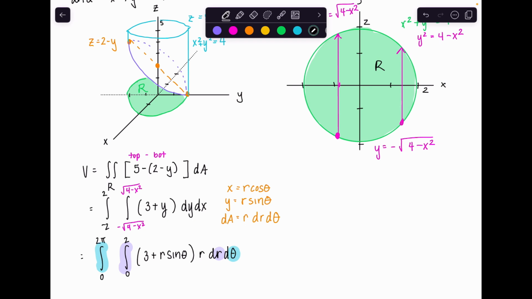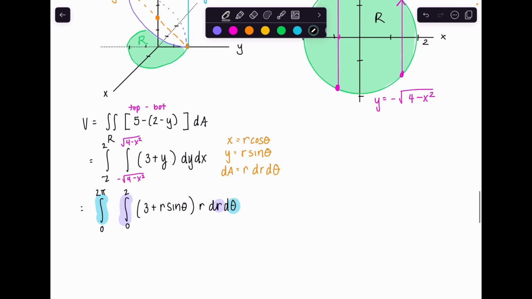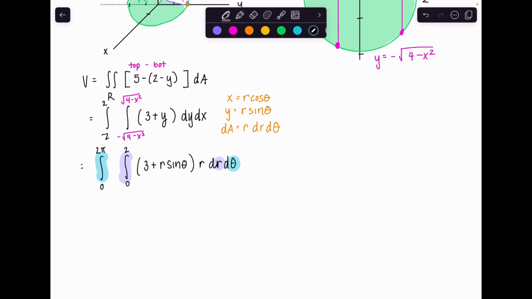Really nice again, because now I have constant bounds, which is way easier to work with. From here, we can actually evaluate this integral, but I do need to distribute that r out. That's 3r plus r squared sine theta dr d theta.